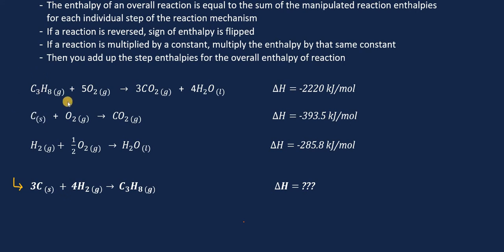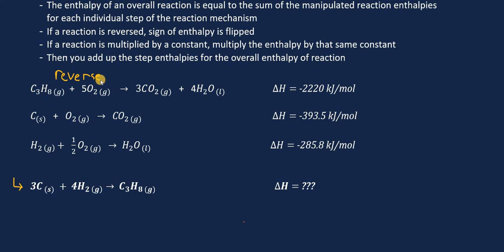So let's just start with the first step up here. In our overall reaction, you see we have propane gas on the product side. Whereas up here in this first reaction step, I have propane gas on the reactant side. That means I'm going to need to reverse this first step. And that's because I need to get that propane gas on the product side.